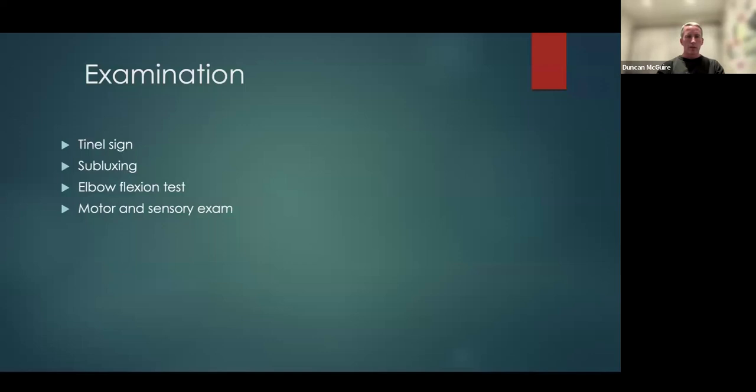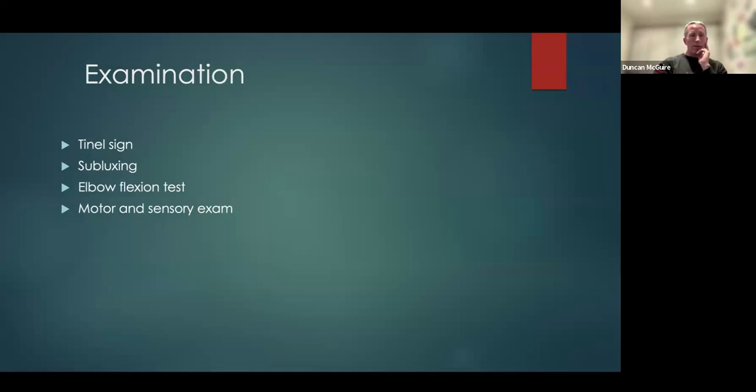So it's often positive in cubital tunnel. And then you need to feel for a subluxing nerve. It's usually easiest to feel the nerve with the elbow in extension, and then you get your fingers behind the nerve and bring the nerve forward, and then you flex the patient's elbow while you're bringing the nerve forward, and you can see if it subluxes over or perches on top of the medial epicondyle.